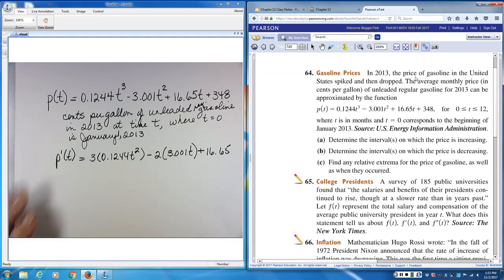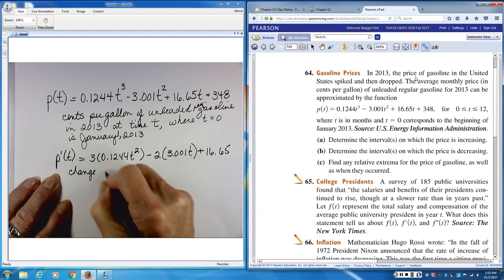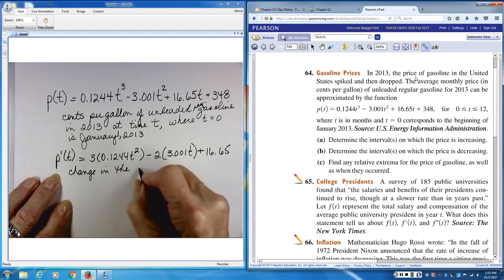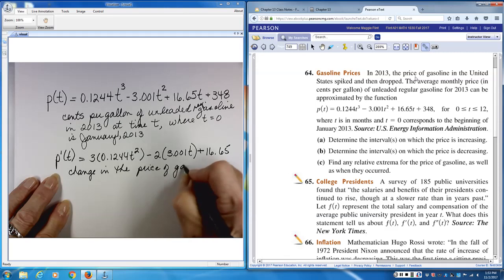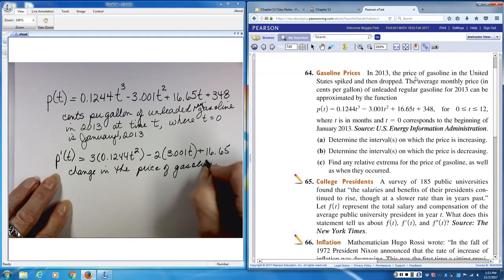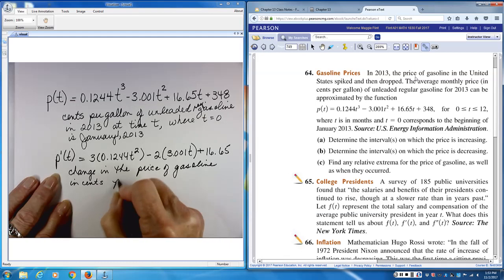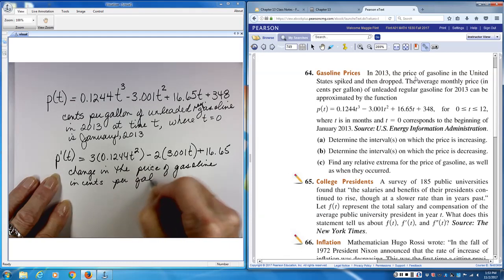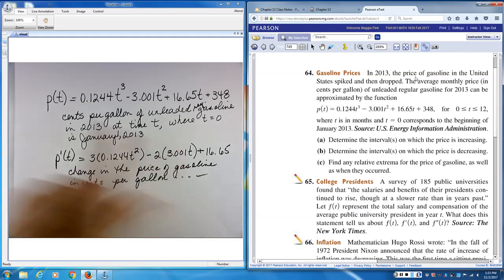And this is so that's the change in the price of gasoline in cents per gallon and the rest of whatever that says, okay?